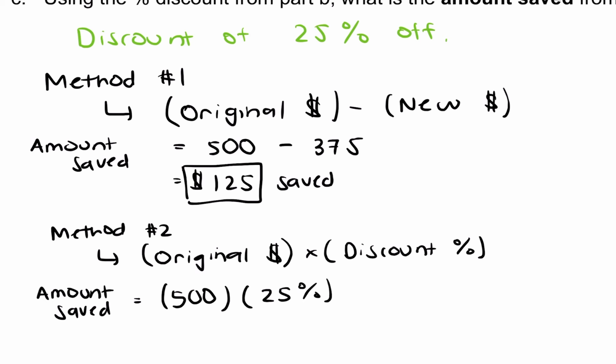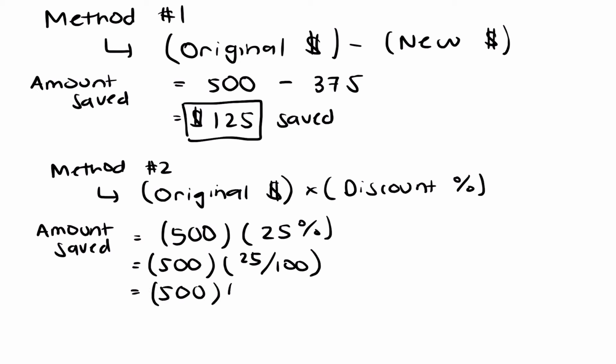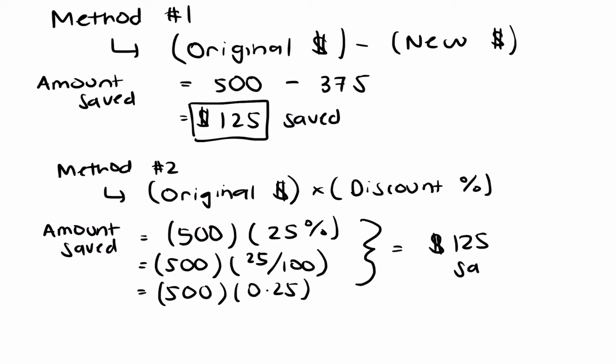You can multiply it in the form of a percent, in the form of a fraction, 25 over 100, or in decimal form, 500 times 0.25. At the end of the day, all answers should lead to, if you enter that into your calculator, $125 saved. This should not change a thing.